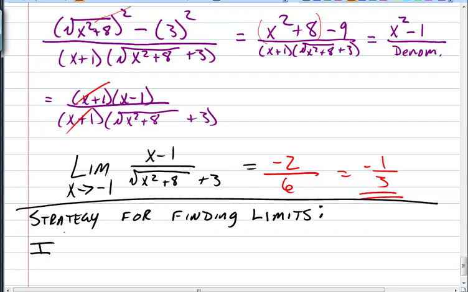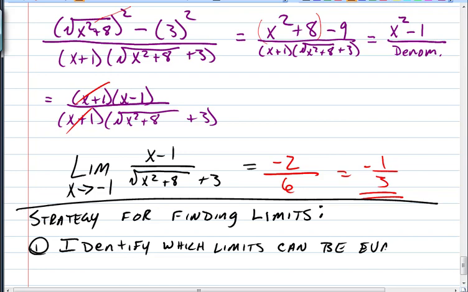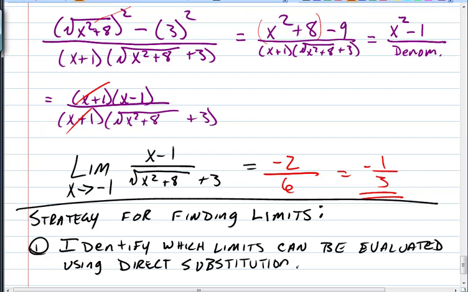First of all, identify which limits can be evaluated by using direct substitution. That's what you always want to try first. Direct substitution is the easiest way to evaluate limits. It's hard to talk and spell at the same time.